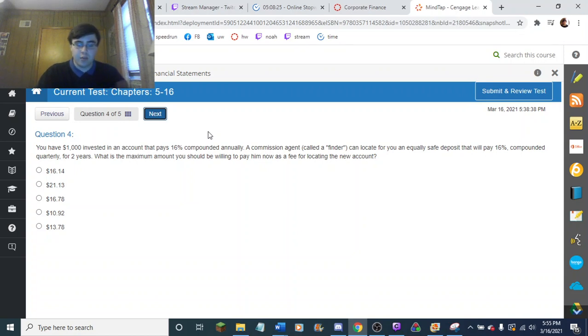So 15%, 15.12%. So the effective rate of... Wait, how did I get a number that's... Oh wait, I'm an idiot. You're supposed to get a number that's less than the original number.